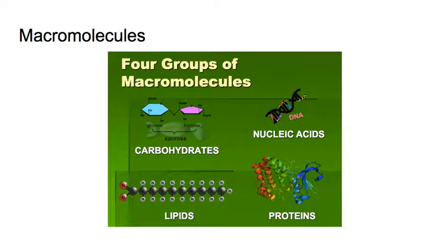Even more familiar to you should be macromolecules. This is not a new term for you. There are 4 macromolecules that make up our body. We are really familiar with 3 of them, carbohydrates, lipids, and proteins, primarily because those are all macromolecules that we relate to what we eat.